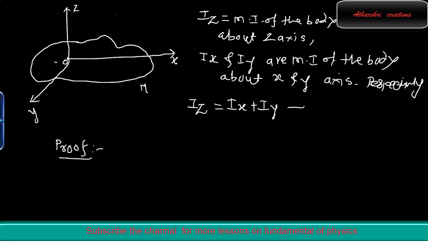To prove Iz equal to Ix plus Iy, let us consider a very small element of the lamina of mass dm at a point P. That is, at point P, this mass dm is situated.